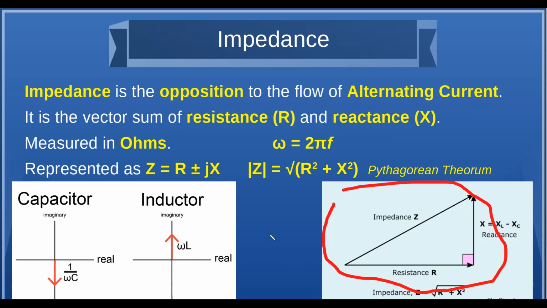So if we had just pure capacitance, for instance, then this triangle would be down here somewhere. And the impedance is still going to be the length of that vector. The only difference is going to be this phase angle, which we usually represent as something that looks like that.